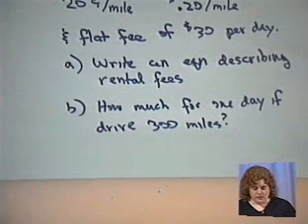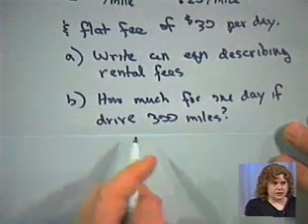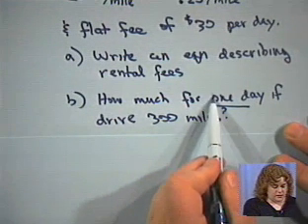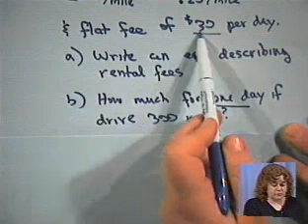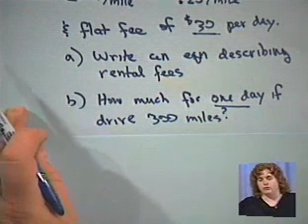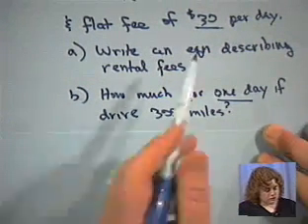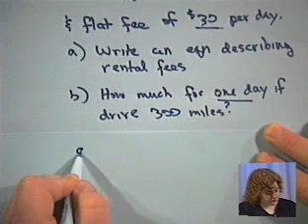Okay, well, the 20 cents per mile is a slope. The key here is that you're looking at one day, and so that $30 per day is going to become an intercept. Whether they drive 1 mile or 300, you get 30 bucks. So the 0.2 is a slope.